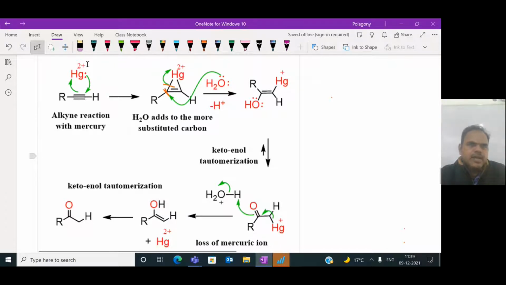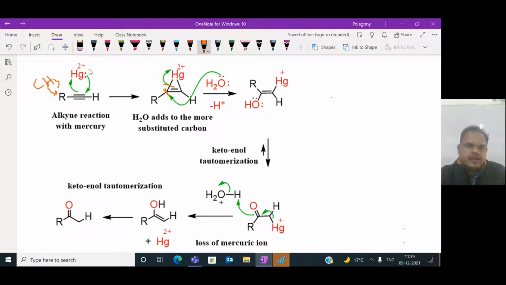Here R represents CH3, the methyl group, so the compound is CH3-C≡CH.